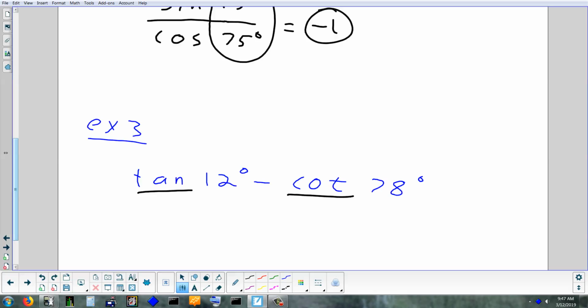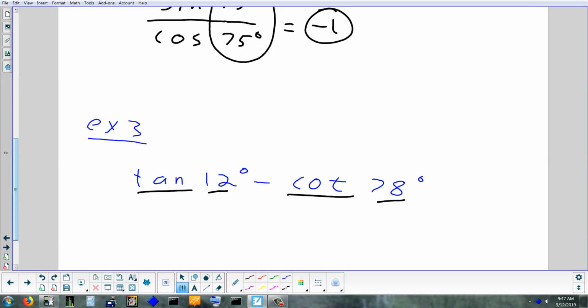What about the 12 and the 78? What do they add up to? 90. They add up to 90.